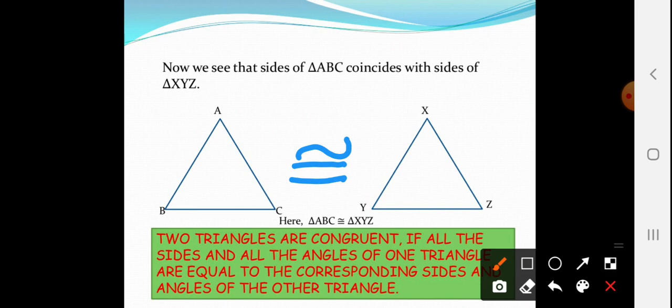Two triangles are congruent if all the sides and also all the angles of one triangle are equal to the corresponding sides and angles of the other triangle.